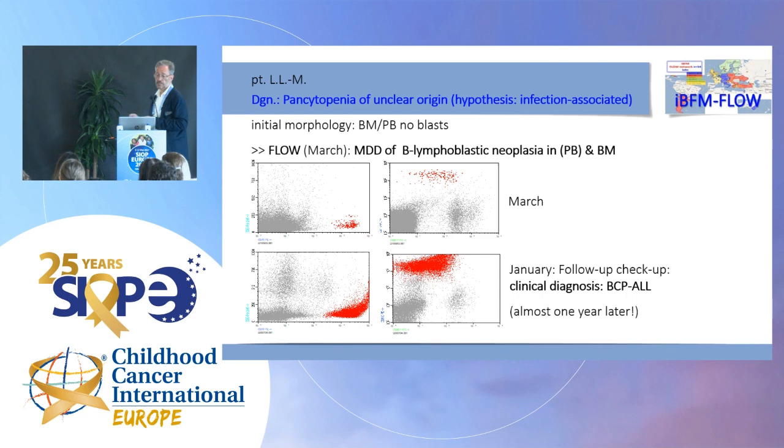Other case, pancytopenia of unclear origin, was thought to be maybe infection, maybe CMV or something. And we found, in March, B lymphoblastic leukemia cells in the blood. At that time, they said, it's okay, we make it control.